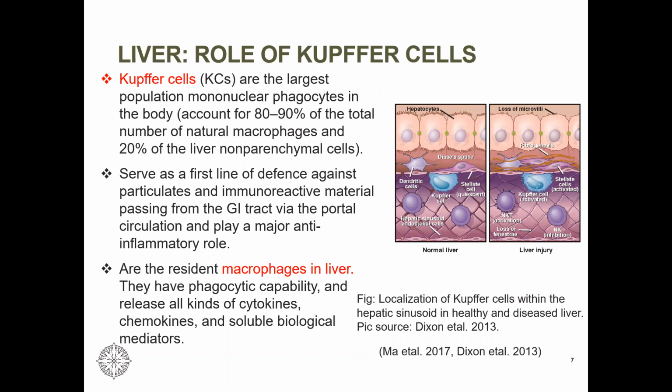Every cell membrane has a fatty layer, so we make eicosanoids from that fat. And we will learn more about that in session 10 on inflammation. So these macrophages have the capability to kill all those microbes or any other toxin that enters the liver.